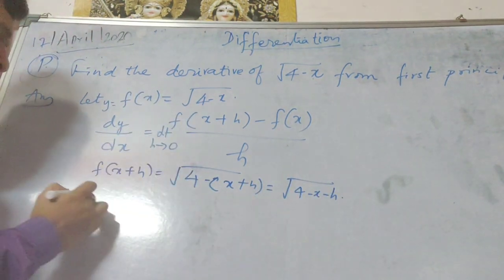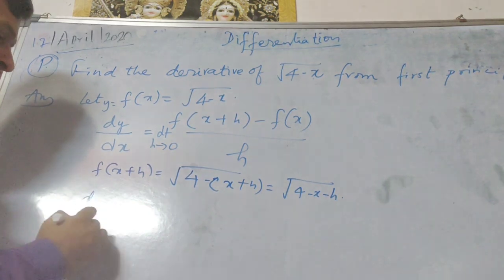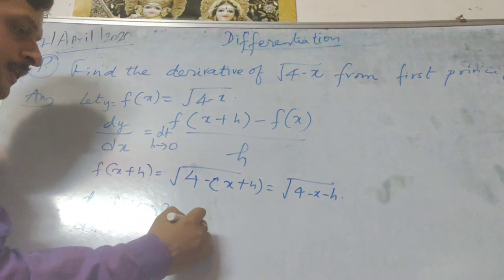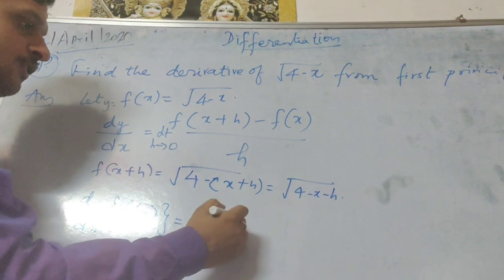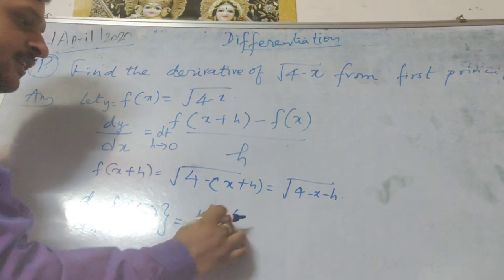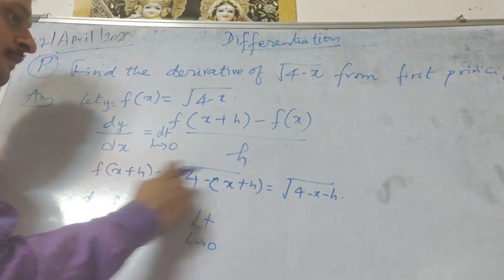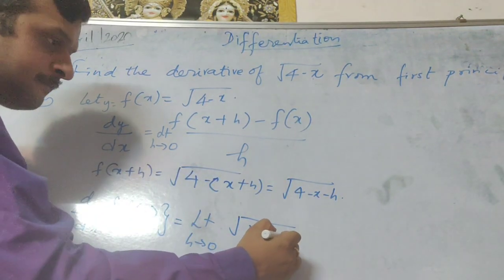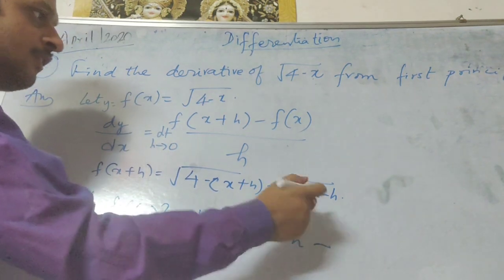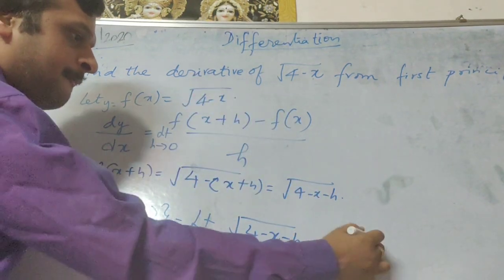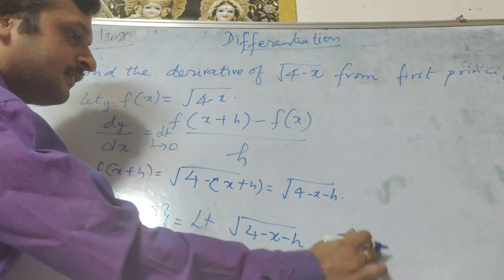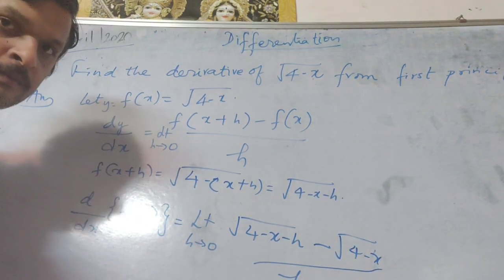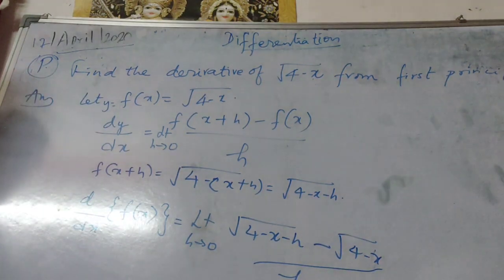Now when I substitute in this equation, d by dx of f of x will be limit h tends to 0 of f of x plus h, which I already found as root of 4 minus x minus h, minus f of x, which is root of 4 minus x, by h.